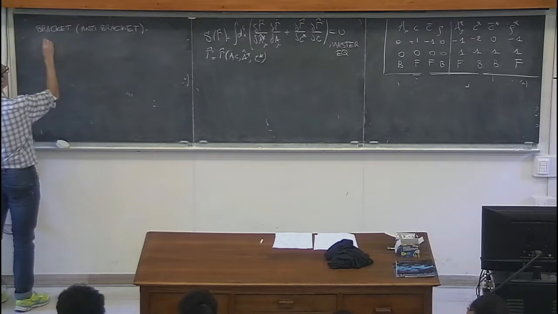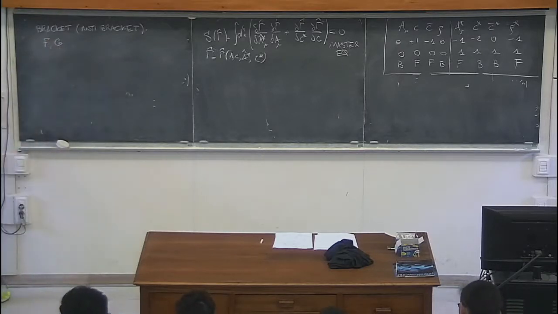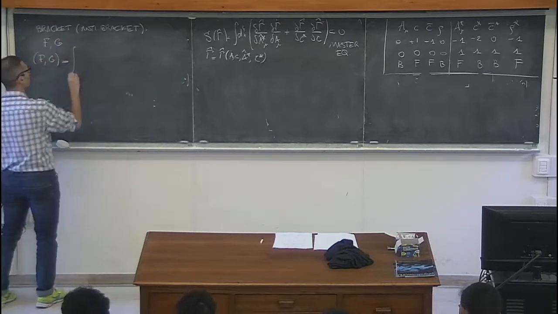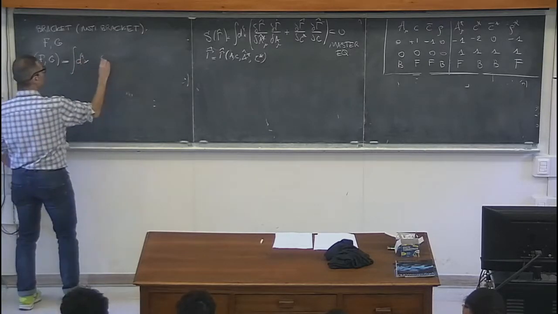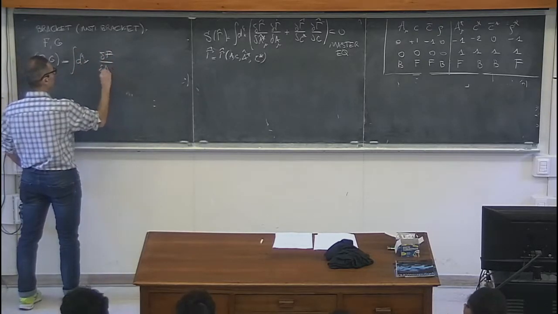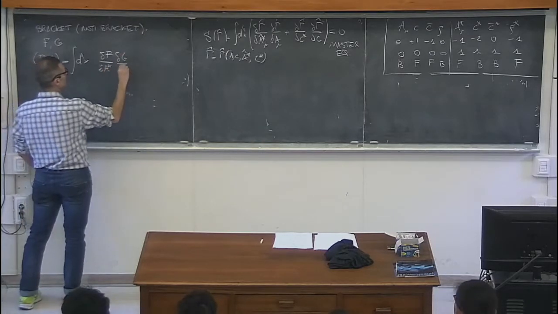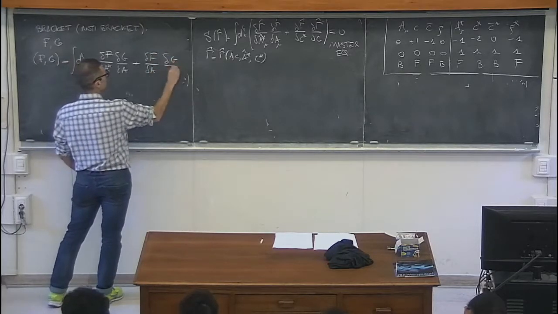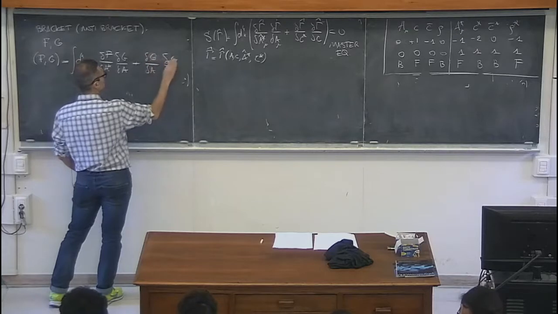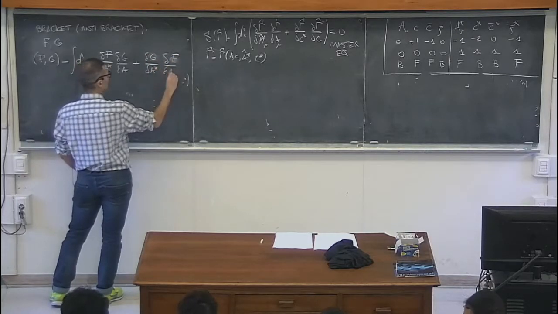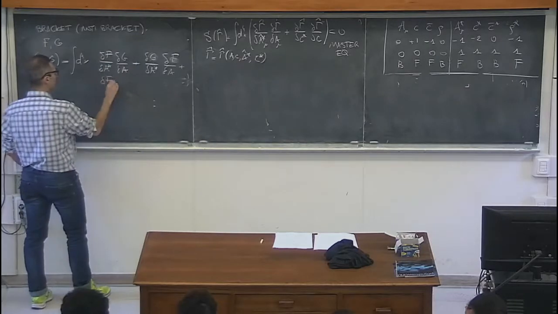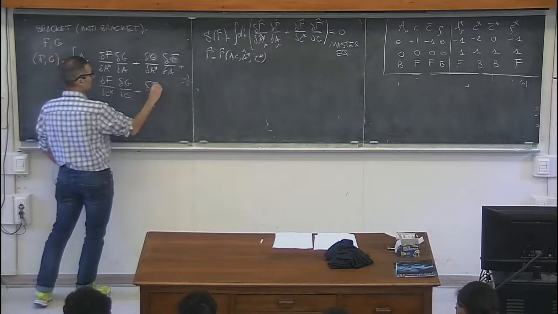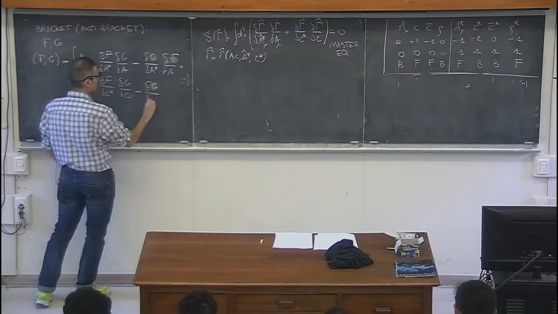If I have two functionals f and g, then the bracket f comma g is equal to the integral d^4x of df with respect to A star times dg with respect to A, plus df with respect to A times dg with respect to A star, plus again df with respect to C star times dg with respect to C, plus df with respect to C times dg with respect to C star.